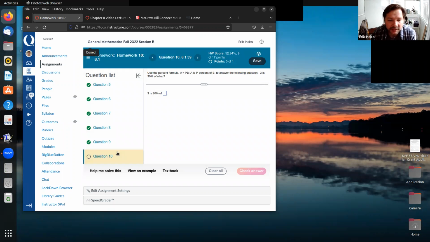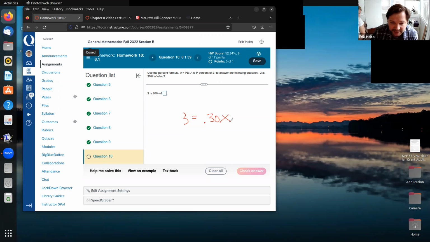Okay, 3 is 30% of what? Well, so that is 3 equals 30% of some unknown, right? I don't know if you want me to do it this way, but here's some algebra. So 3 equals 0.30 times x. So if you want to solve for x, what we've got to do is divide 3 by 0.30, right?